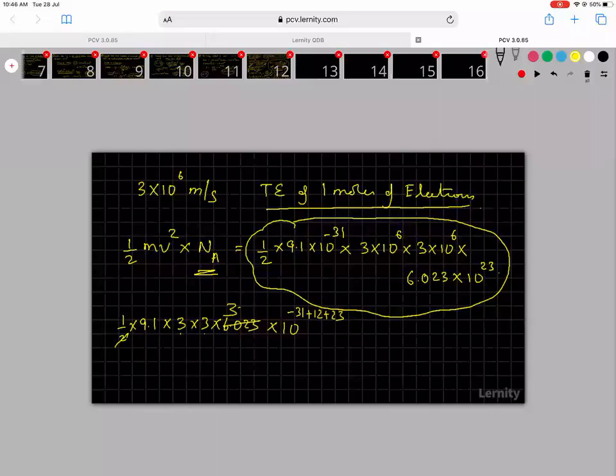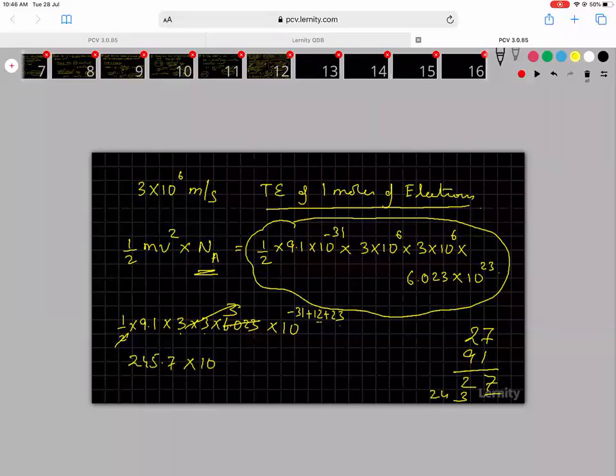So 27 into 9, 27 into 91 is 2457. So it is 245.7 into 10 power minus 30.